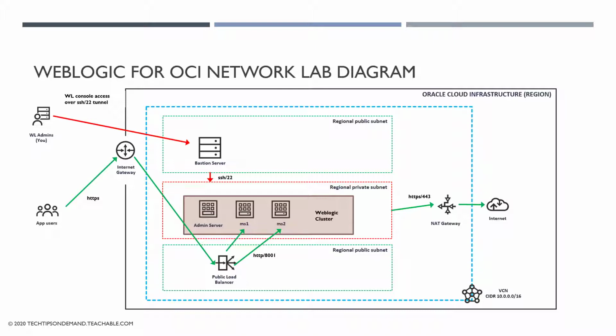And then the way we'll get to the WebLogic admin console is by setting up an SSH tunnel through that Bastion server to the admin server. So if all this looks somewhat complicated, don't worry. We are basically going to use the OCI Resource Manager to set this up with just a few clicks. And I'll show you how easy it is to create a production environment on Oracle Cloud.